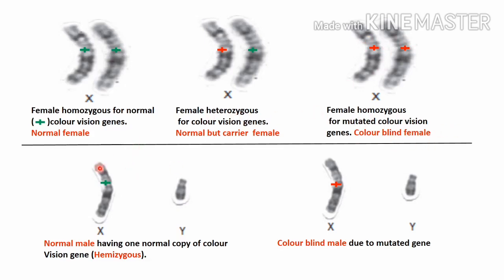And in the case of the male, this is the X chromosome, this is the Y chromosome, and both chromosomes show very little homology, and if this X chromosome has a normal allele of this gene, then the male will be normal. It means he will continuously sense the color and he will not be hemophilic, whatever the case.